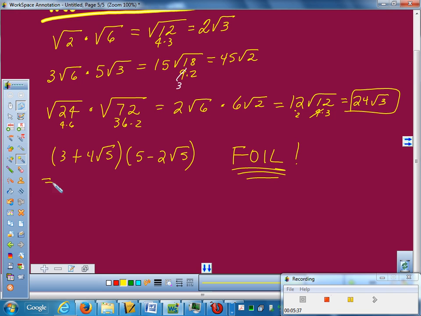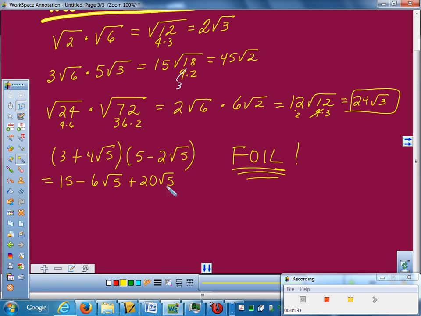So what do I get when I do first? 15. Outers? 6 and... Positive or negative? So negative 6 square root of 5. Okay, inners will be... and then last, this is the one to be careful of.